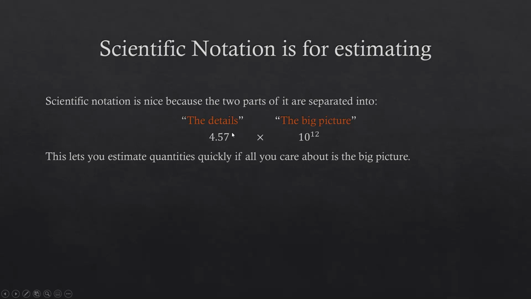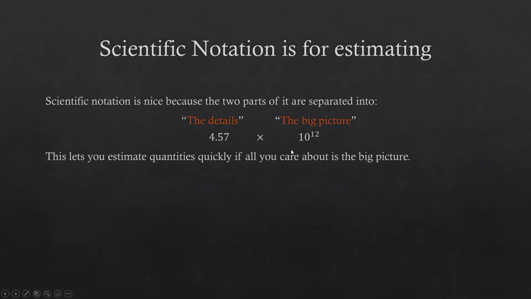But there's not that much difference between somebody who has 4.57 times 10 to the 3 and someone who has 6.5 times 10 to the 3. So most of the information here is actually in this 10 to the, and it's only kind of the little bits and pieces, details that are in the first bit, in the 4.57. So what this does is this is going to let you do estimates really quickly if what you really care about is the big picture over here.